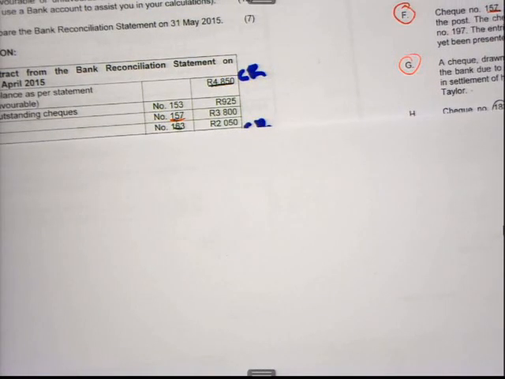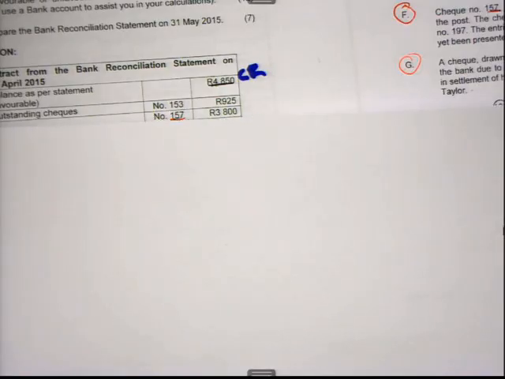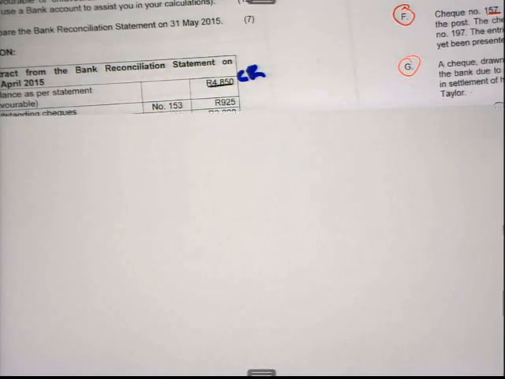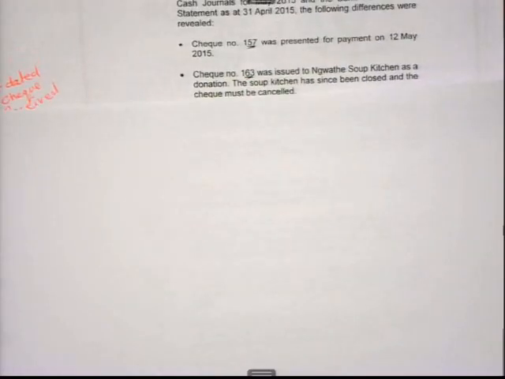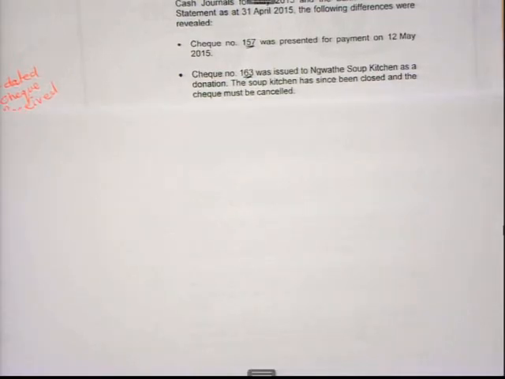It was there. But now, this was a donation. It means it's a check that was supposed to have been given to Ngwate Soup Kitchen as a donation. Now all of a sudden the soup kitchen is closed and the check must be cancelled.